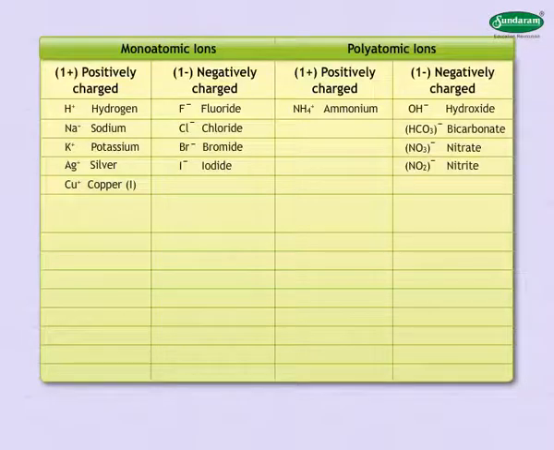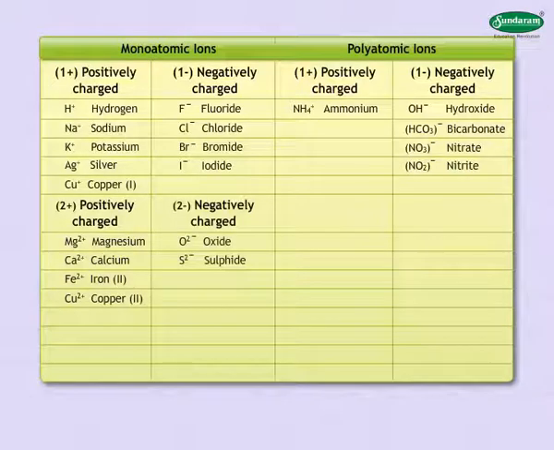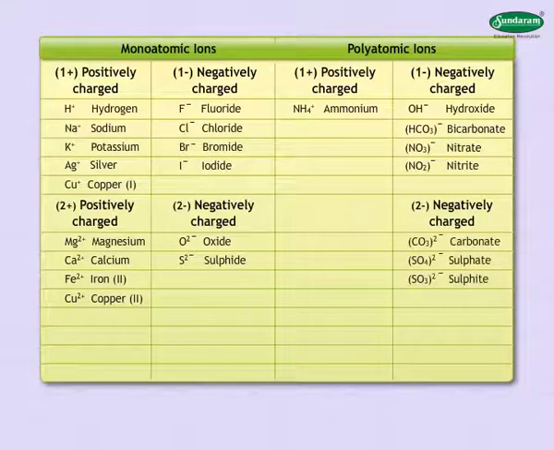The monoatomic double positively charged ions are magnesium, calcium, iron 2, and copper 2. The monoatomic double negatively charged ions are oxide and sulfide. The polyatomic double negatively charged ions are carbonate, sulfate, and sulfite.